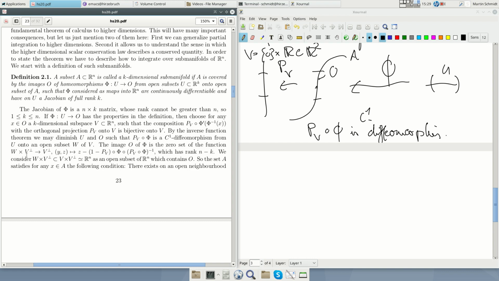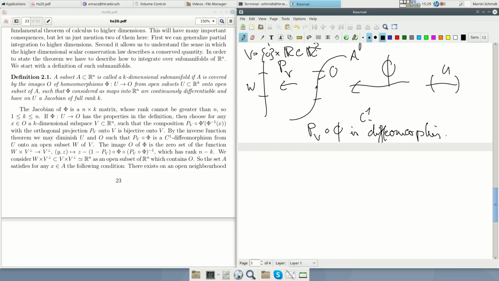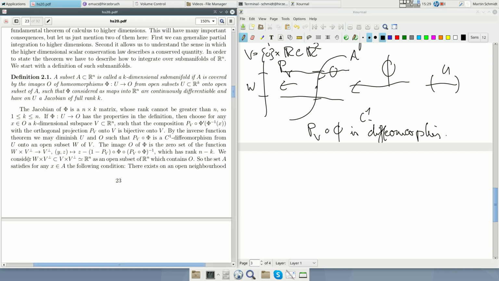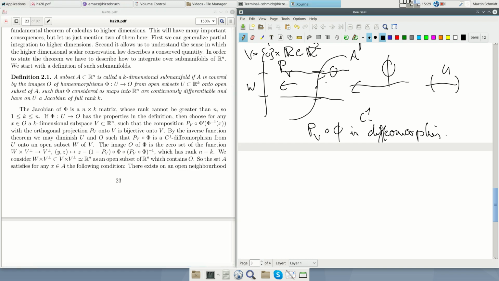Okay, and now we can define, on this open subset which we call here V, times the orthogonal projection, which is here just the first component. So on this strip we can define now a function such that this function gives just the set A, which is sitting here inside.